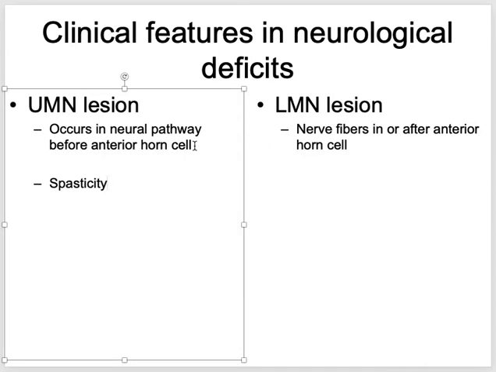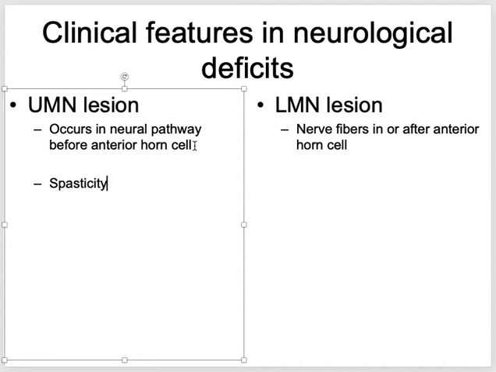Normally, our muscles have some tone; when you're sitting and not doing anything, your body is maintaining some tone. When the tone is increased, that is called hypertonicity or spasticity. When the tone is decreased, that is called flaccidity.